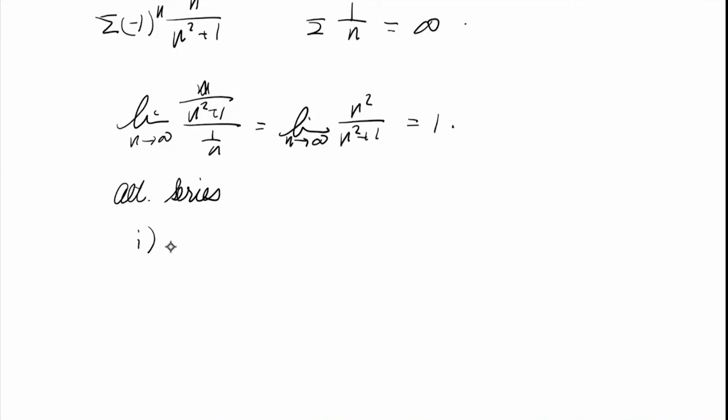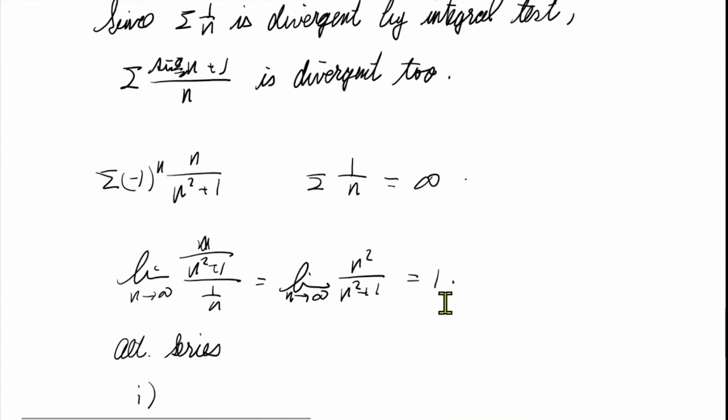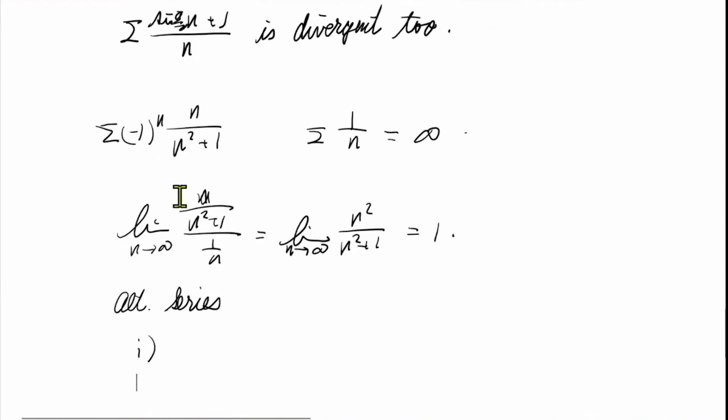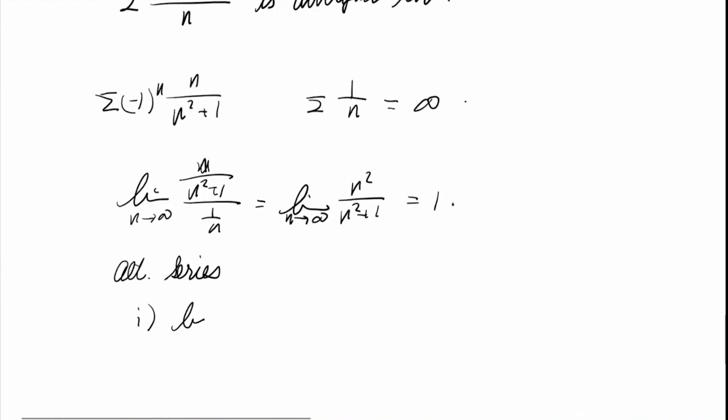Why can't you say they're both divergent? I just proved that this thing without the alternating sign is divergent. But once you throw the alternating sign back in, this may converge, and in fact it does. I just showed you this first part: if you do this, this is 0.